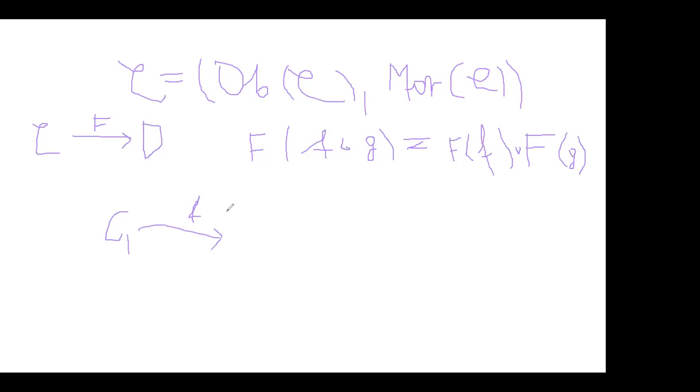If I have f going from C1 to C2, and I have capital F, my functor, going from C1 to D1, and of course also going from C2 to D2, then by the definition of a covariant functor, I also have a morphism F of f going from D1 to D2.